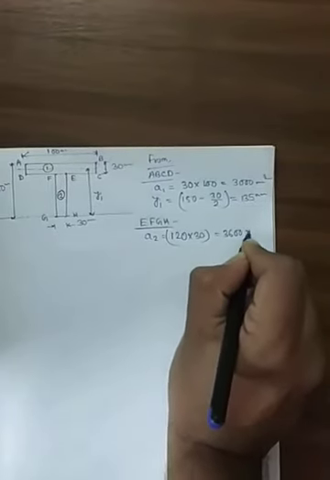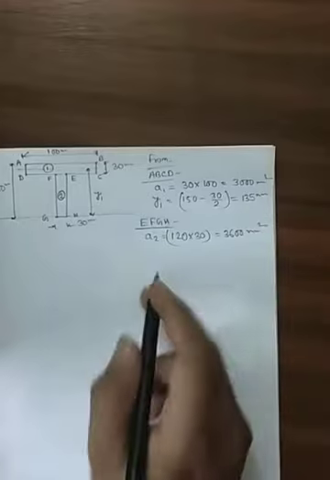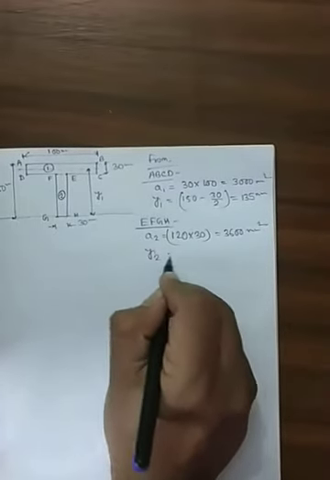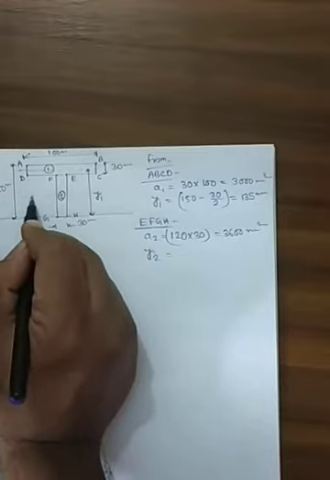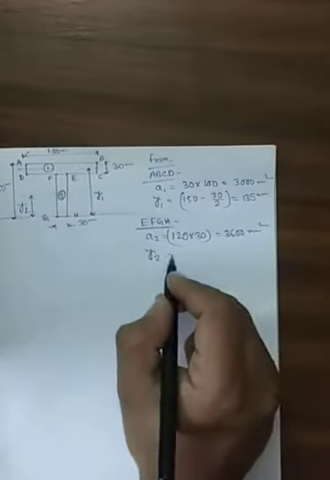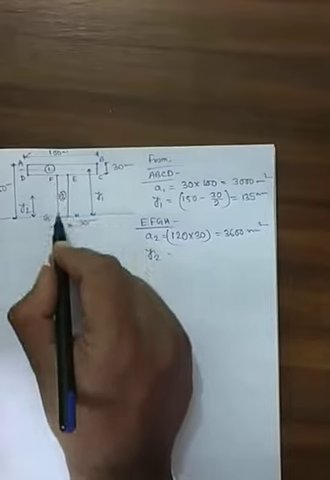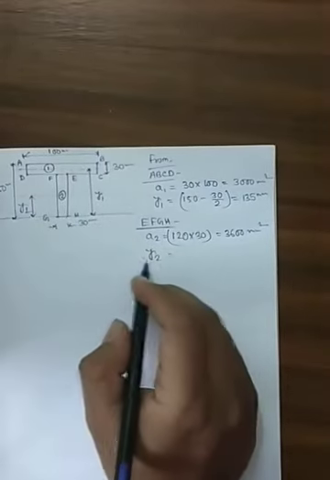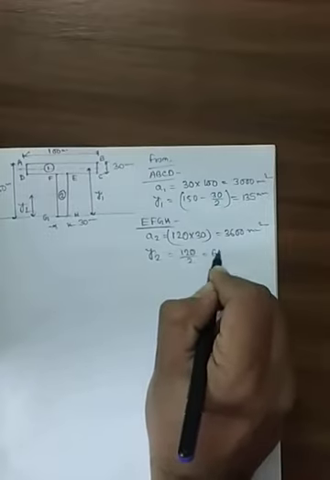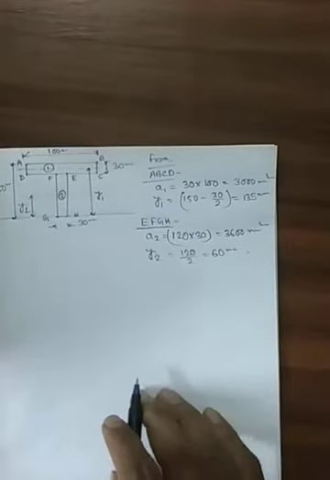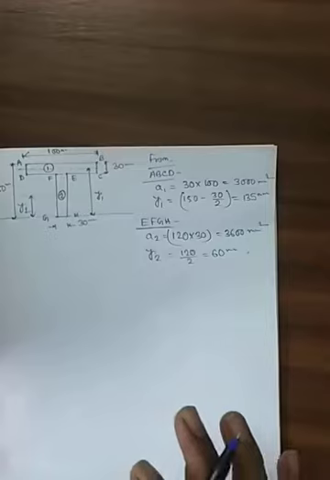And what will be your y2? Y2 will be how much? This portion. Okay, so this is your y2. So y2 will be nothing but, this was how much? 120. 120 divided by 2. 60 millimeter.